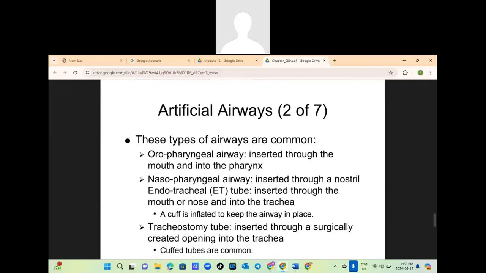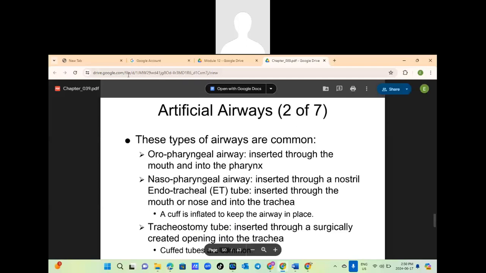Then the endotracheal tube is inserted through the mouth or nose and into the trachea. A cuff is inflated to keep the airway in place. And then there's another one, the tracheostomy tube. Ostomy is surgically opening, right? So of course it is inserted through a surgically created opening into the trachea.